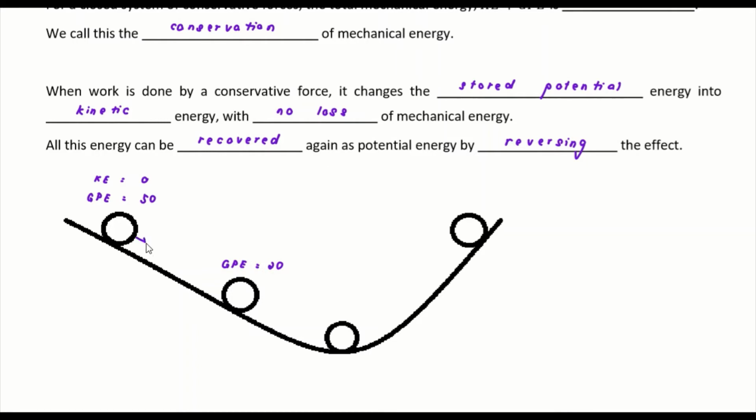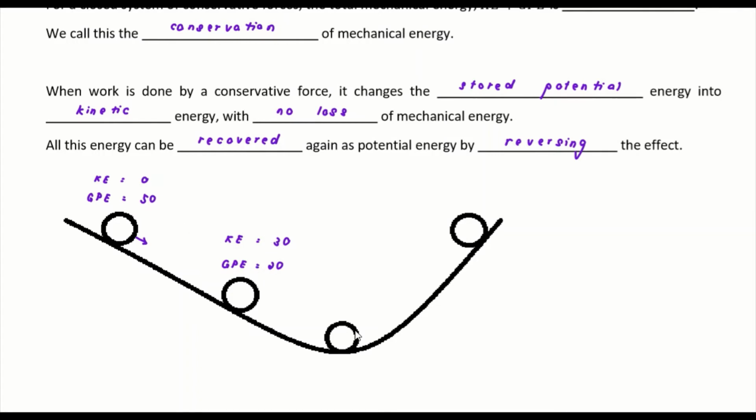This thing starts to move, so it has a certain velocity here. This loss of 30 joules of GPE is the gain of kinetic energy, so it's going to be 30 here. When you look at this stage, the sum of the kinetic energy and the gravitational energy is 50. So at this point, it's going to be 50 as well.